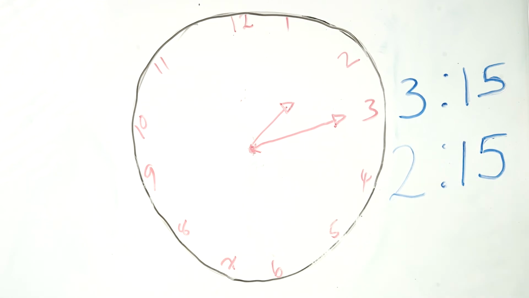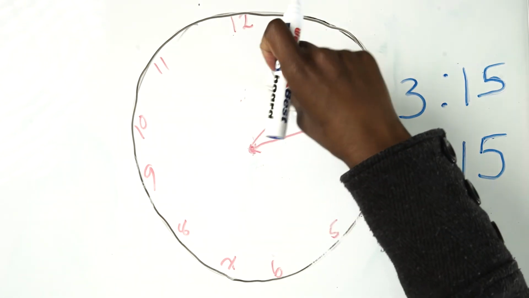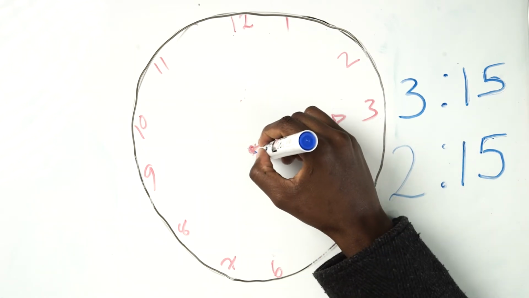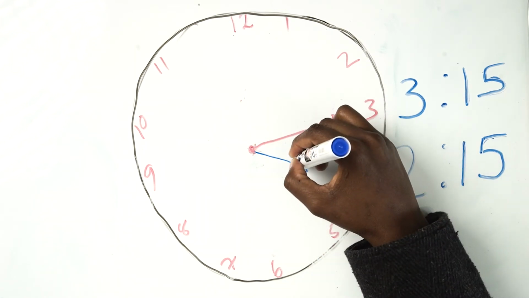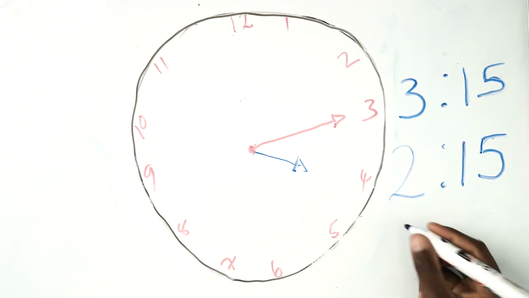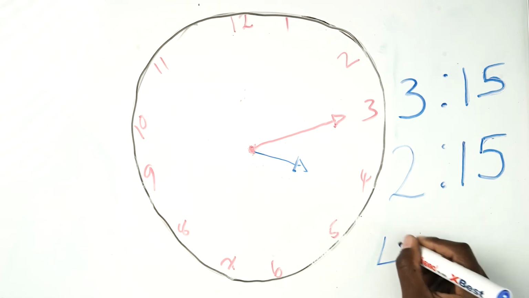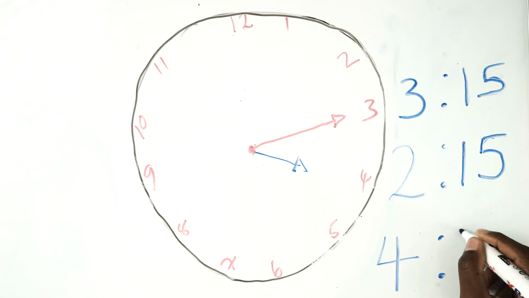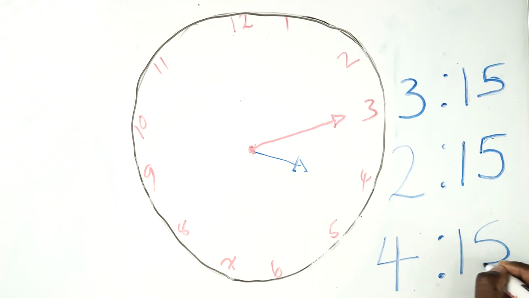Let's do another example together. It's pointing here at 4. What time is it? Yes, it's 4:15. So you write it like this: 4, our 2 dots here, and then 15 here, 1, 5.